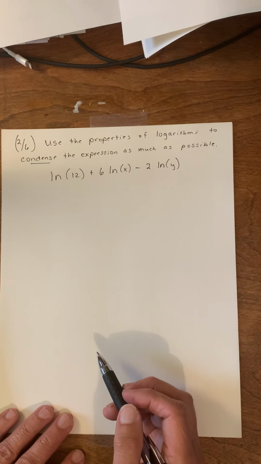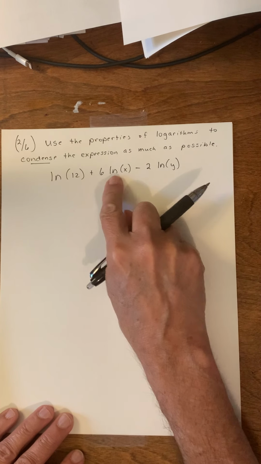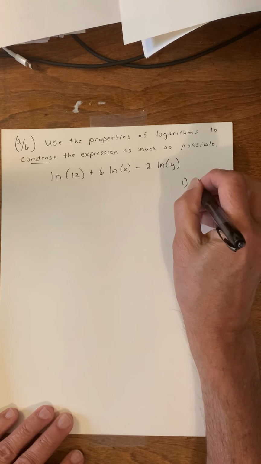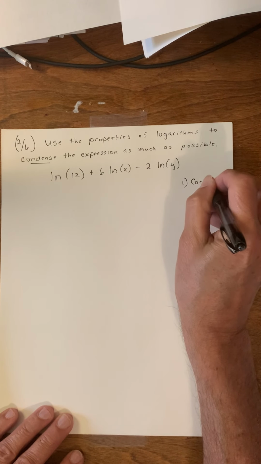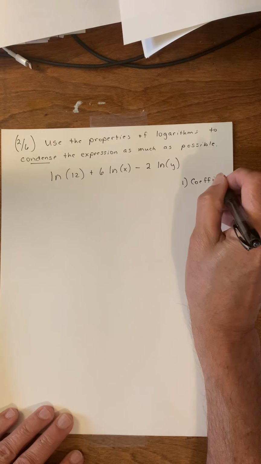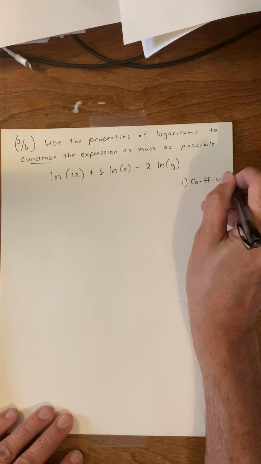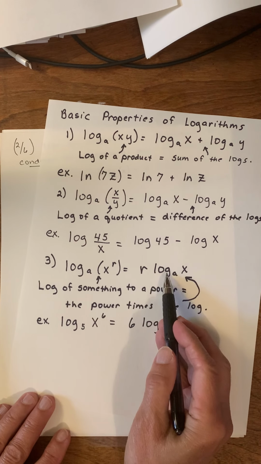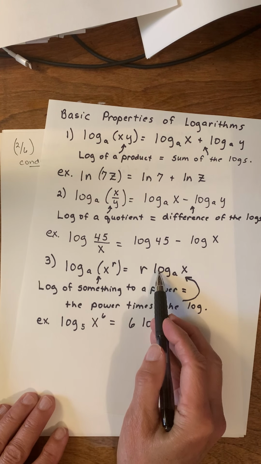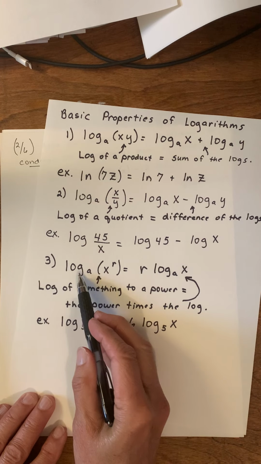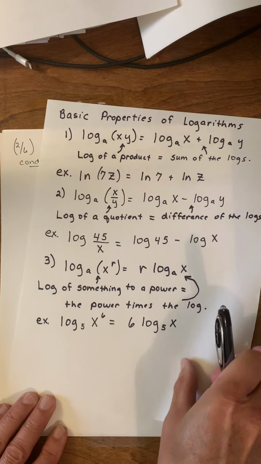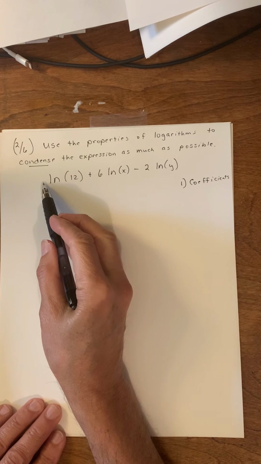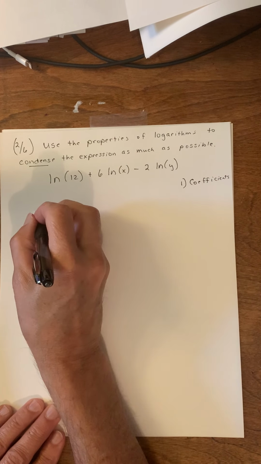All right. The first thing we're going to notice, they're all natural log, natural log, natural log, is I've got some coefficients. The first thing I'm going to deal with is the coefficients. And I know that a coefficient times a log can be condensed to the log of something to a power. So the coefficient of this is 1. I'm going to leave it alone.